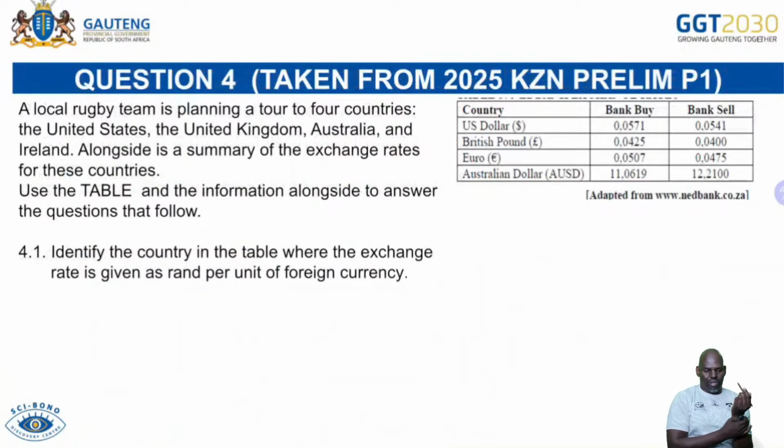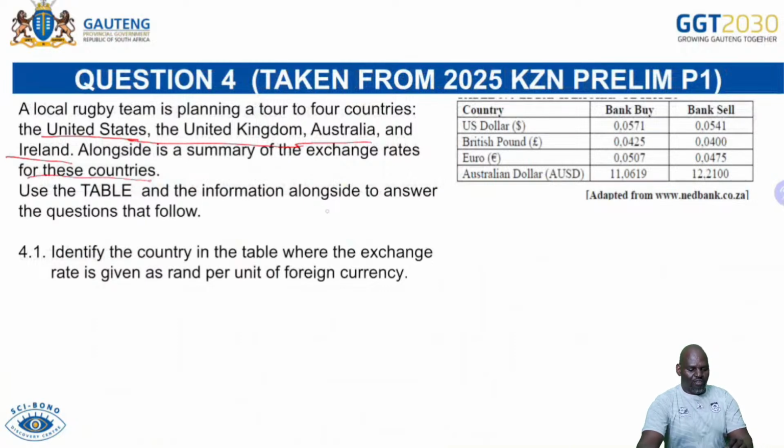Right, then the next question. This one was taken from KZN Prelim Paper 1. A local rugby team is planning a tour to 4 countries: the United States, the United Kingdom, Australia, and Ireland. Alongside is a summary of exchange rates for these countries.